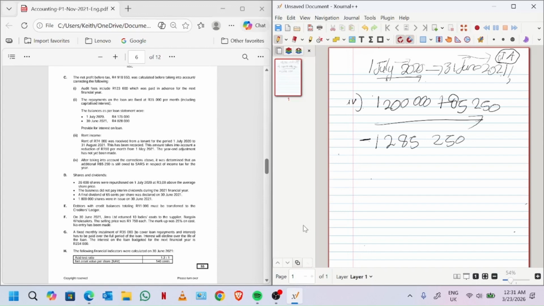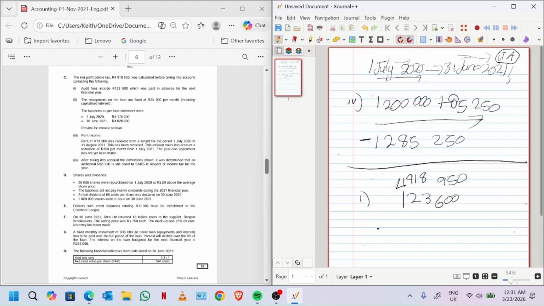And so the summary of everything that we've done. So we are going to take the 918,950, and then according to 1, we add that audit fees, 600 if I can remember correctly, and then double I. Obviously that one was the interest on loan, 273,000, and then triple I, that is the rent income.